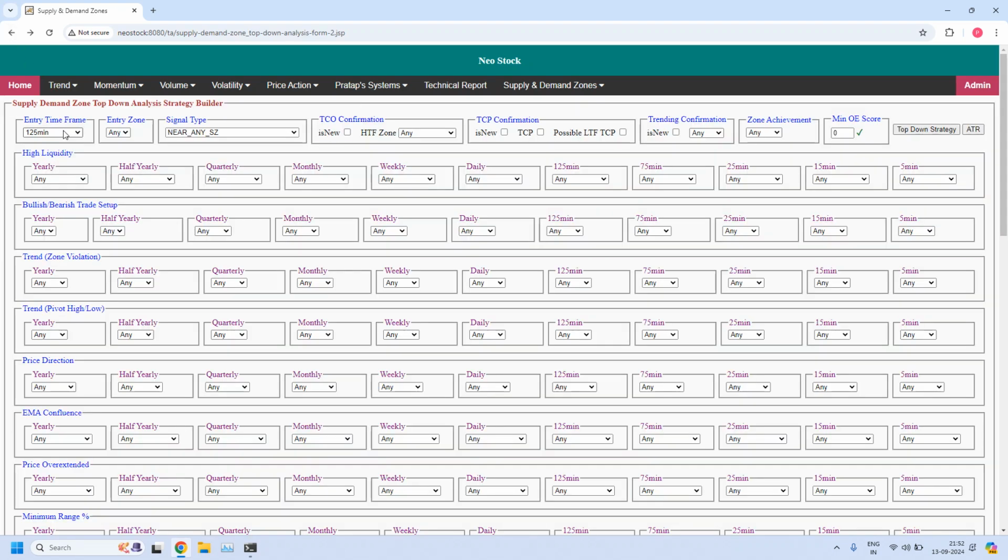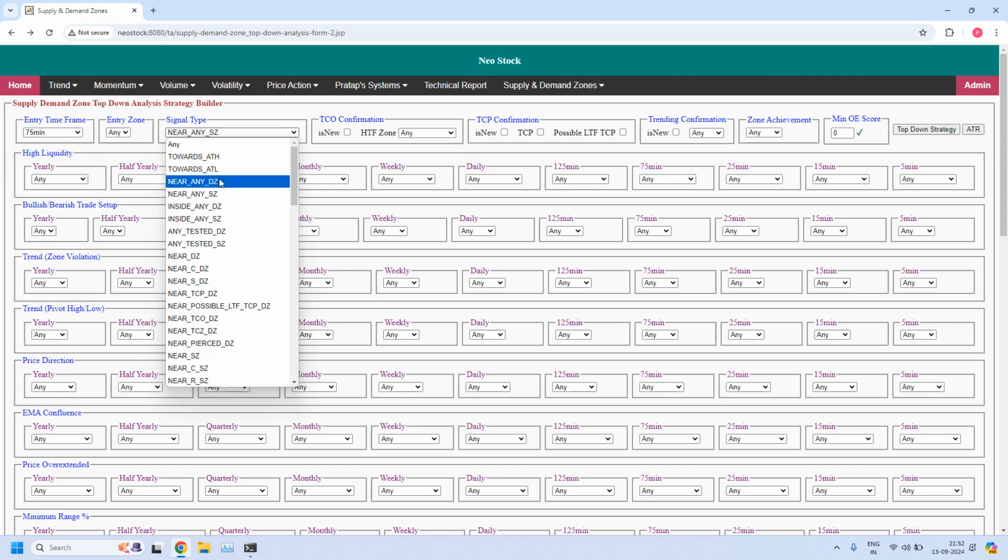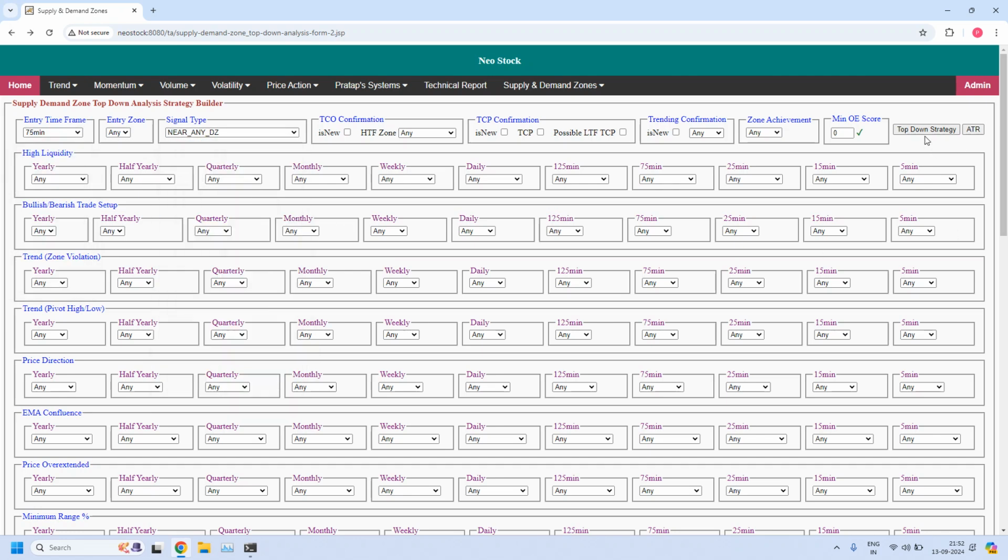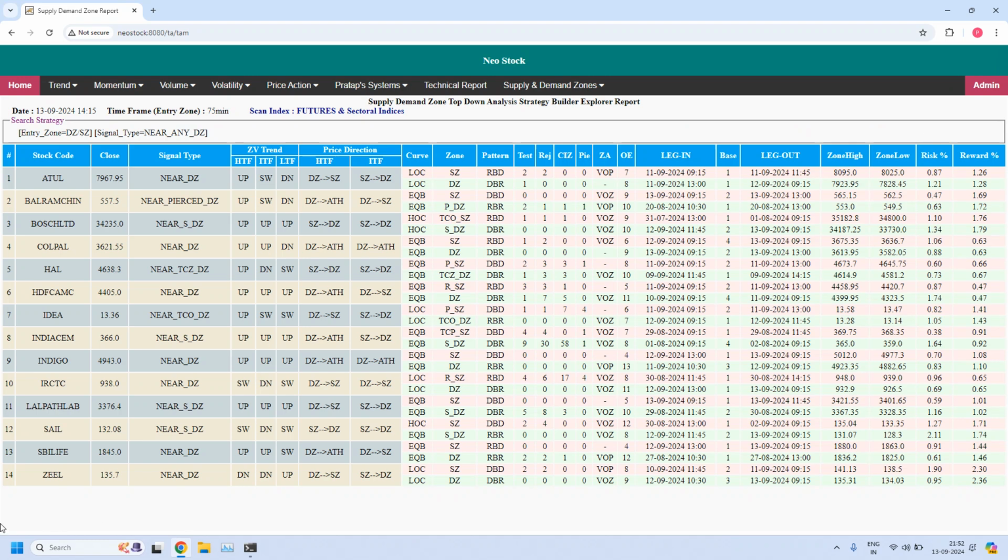Next time frame is 75 minutes. Entry time frame 75 minutes. Let us find the stocks near 75 minutes demand zone. 14 stocks are filtered. Let us identify 75 minutes high liquidity zones, if any. Bullish is having a high liquidity demand zone, 75 minutes demand zone.